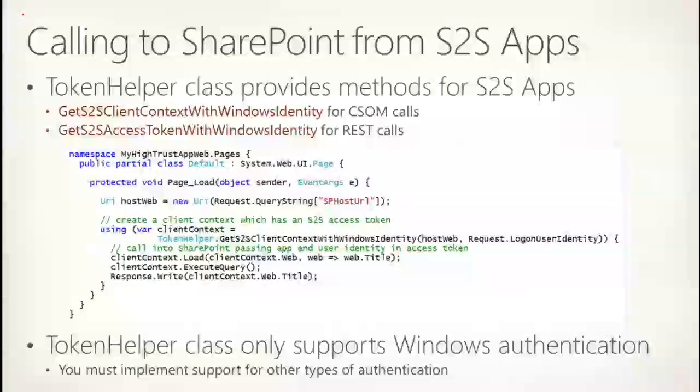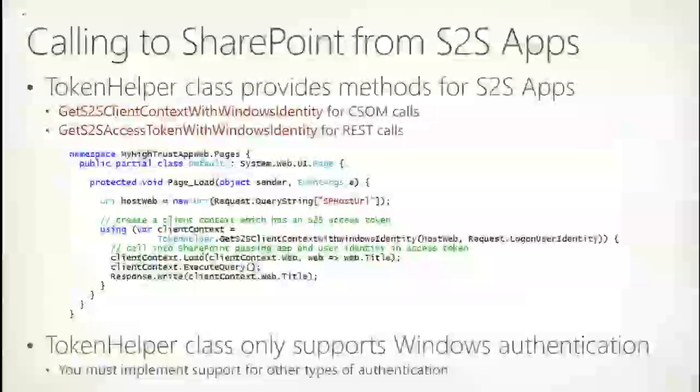Now, there are a couple of things where it could have been a little bit better. In the token helper class, there is support for taking an established Windows identity and putting that into the access token. What if you're using FBA? Can you make it work? Absolutely. Does Microsoft give you any code?